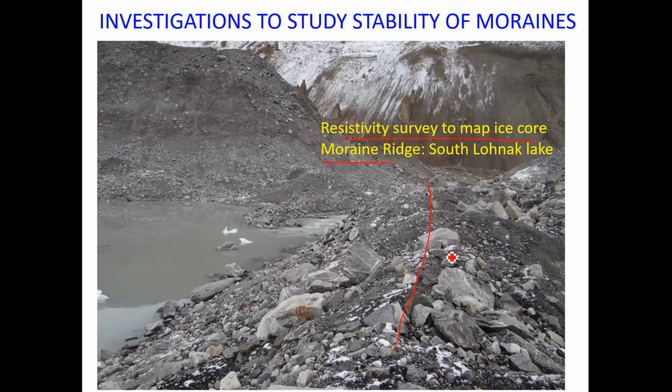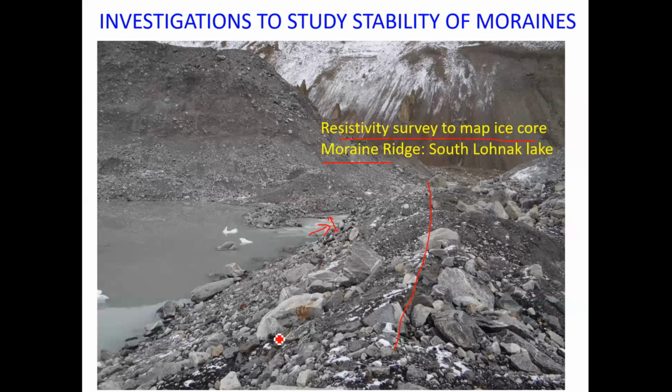Essentially because it provides you some option on mitigation. Suppose you have a huge ice mass which is just below the surface, then you may not be able to expand this particular channel, or can we increase the depth of this channel? It depends upon the position of ice below the moraine.